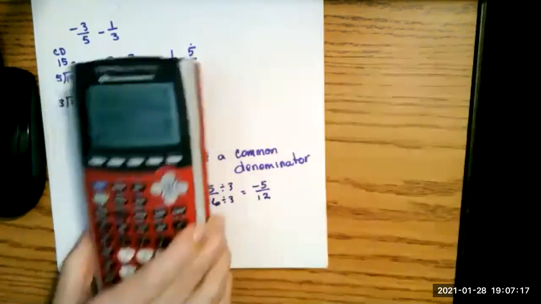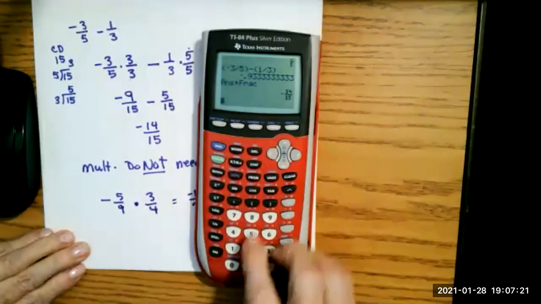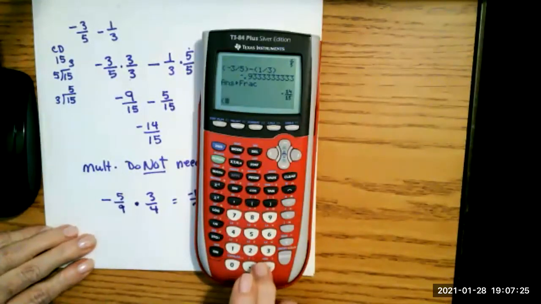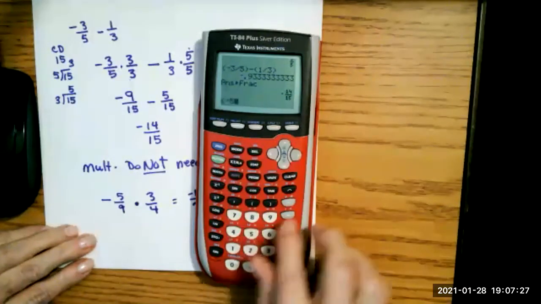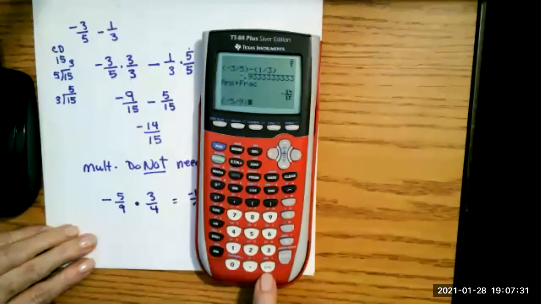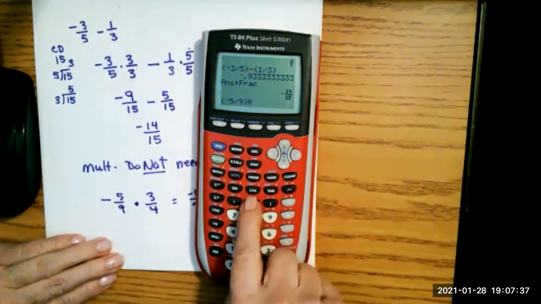If you do it on your calculator, you would have parentheses, negative down here at the bottom, 5 divided by 9. Remember that negative, if it starts at the beginning, it's the one down here at the bottom. Times, and you don't even have to put in times.